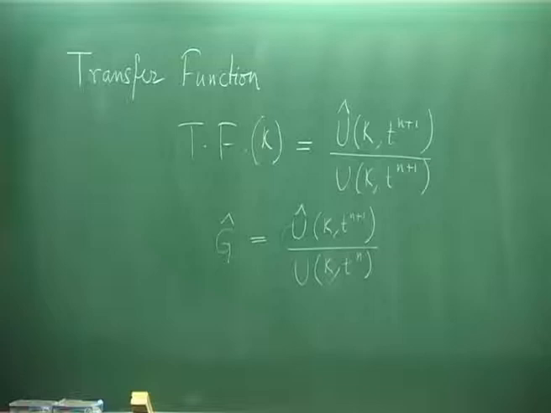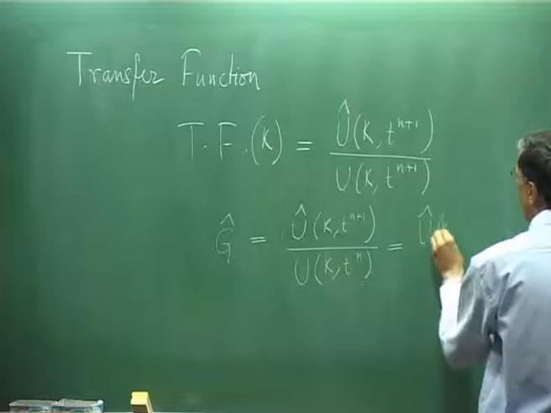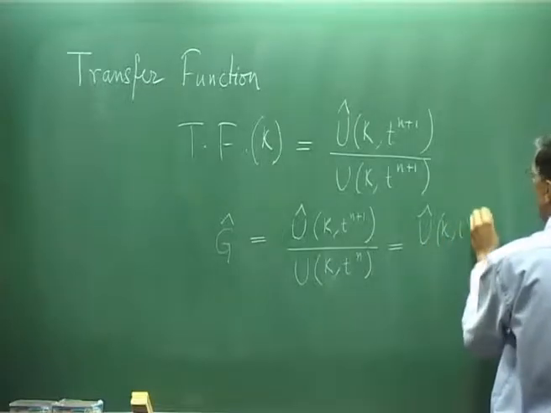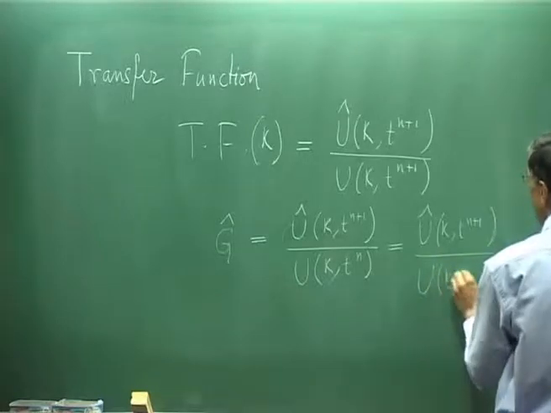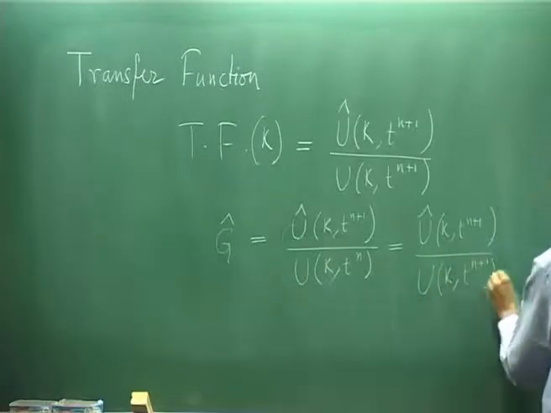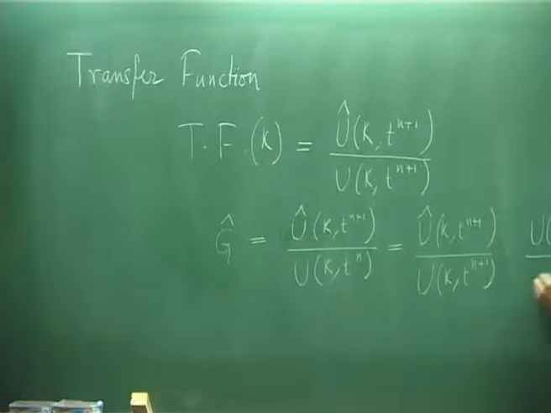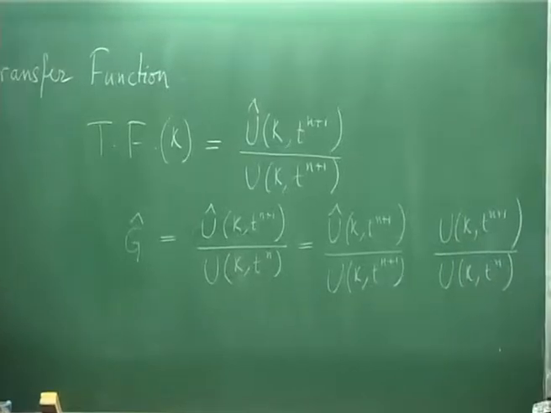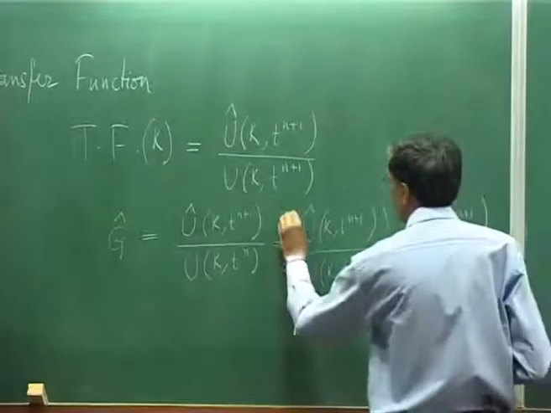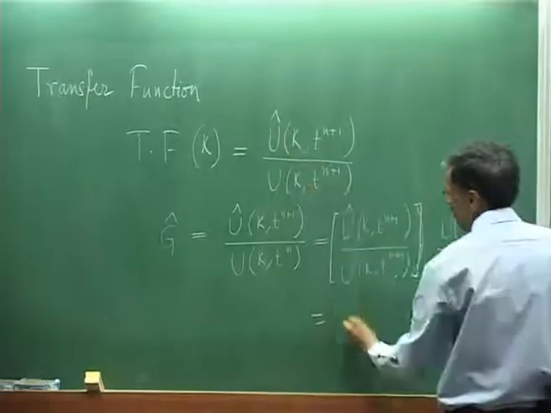So, we can simply write it as u hat k of t n plus 1 divided by u at k t n plus 1, times the quantity that we have written here, which is the transfer function.